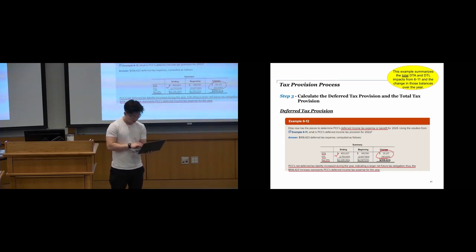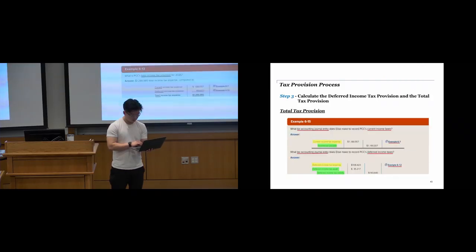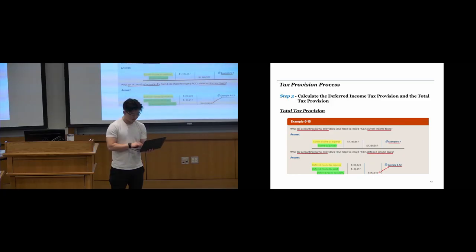And I have a DTL that needs to go up as well of 143, but that's a credit balance. So if you go to Ethan's journal entry, I credit DTL, deferred income tax liability, of 143, and I debit deferred tax asset of 35,000, and the delta goes to deferred income tax expense of 108.